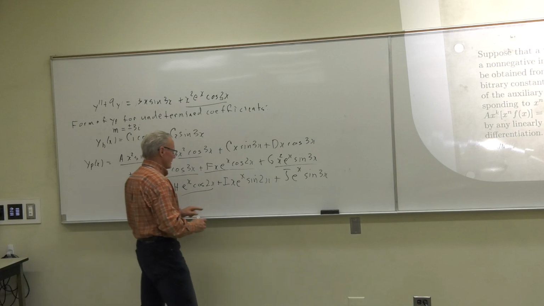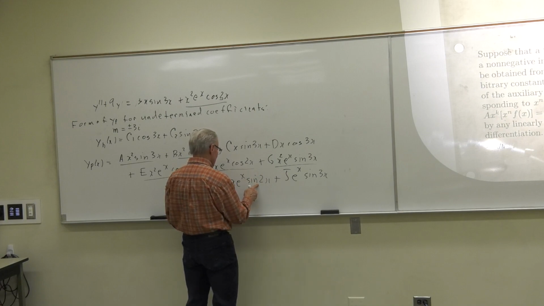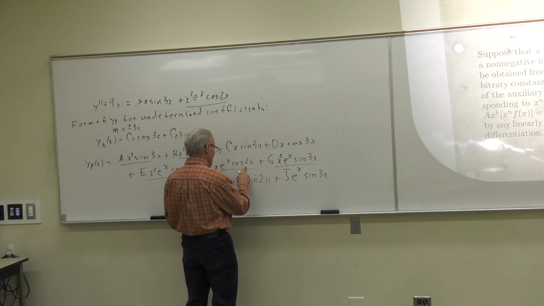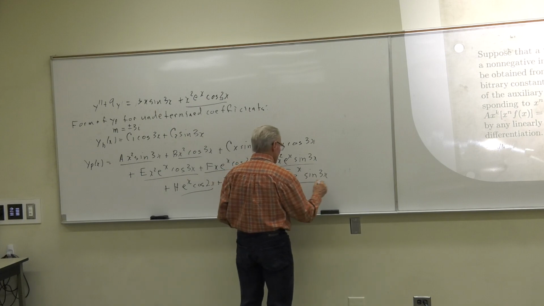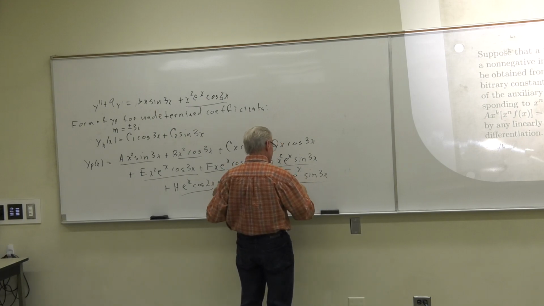So now you're gone. Now this one. No different here. We differentiate. That's e to the x sine. Gotcha. And then we differentiate this one. x e to the x cos, x e to the x. Gotcha. This one. Differentiate, e to the x cos. Gotcha. That's it.